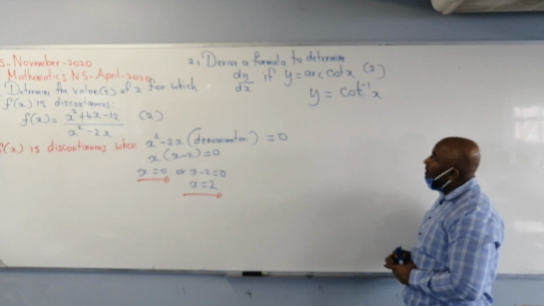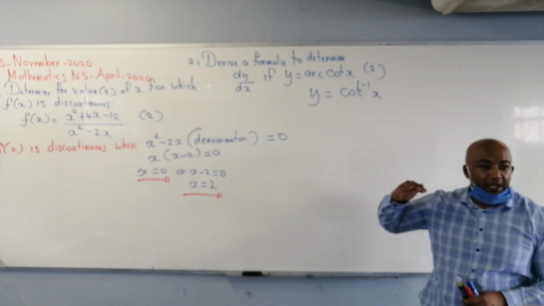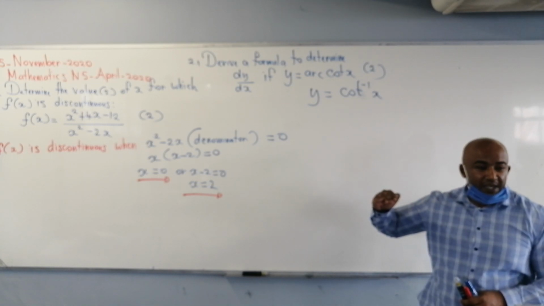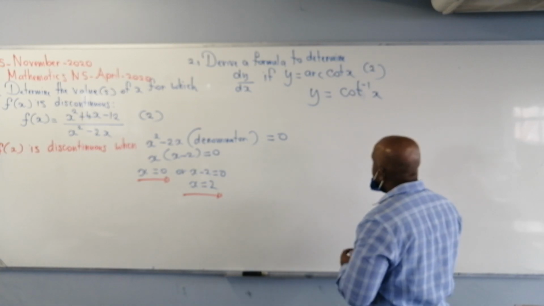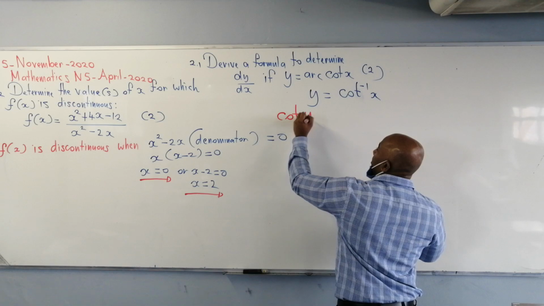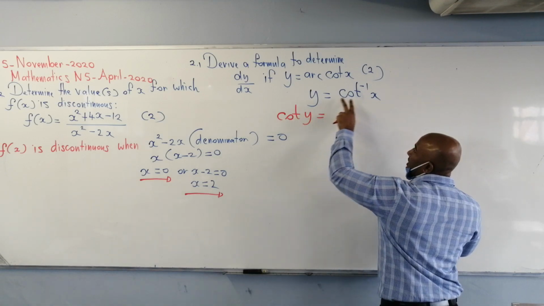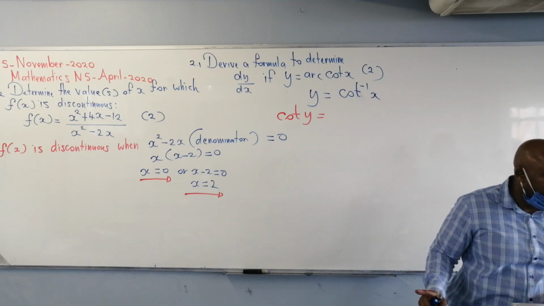Now, what we're going to do here is come out of the inverse function back to the original. What was the equation before you reached this point? So we put cot on both sides. This inverse cot, if I want to cancel the inverse cot, I'm going to put just cot.